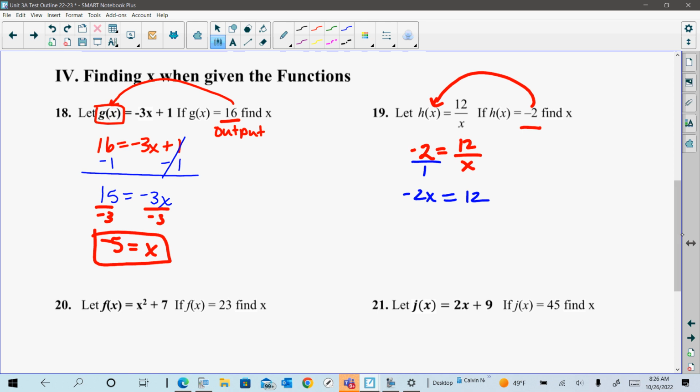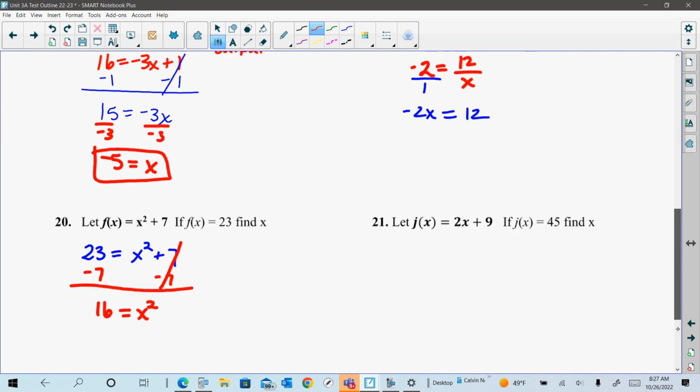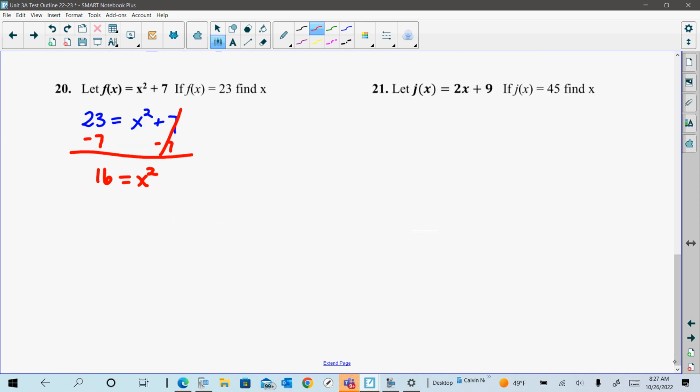So how would you set up number 20? 23 equals x squared plus 7. You still need to isolate this x squared. So that requires subtracting 7. This will leave you with 16 equals x squared. And then, because we have an exponent of 2, take the inverse of that: you take the square root.